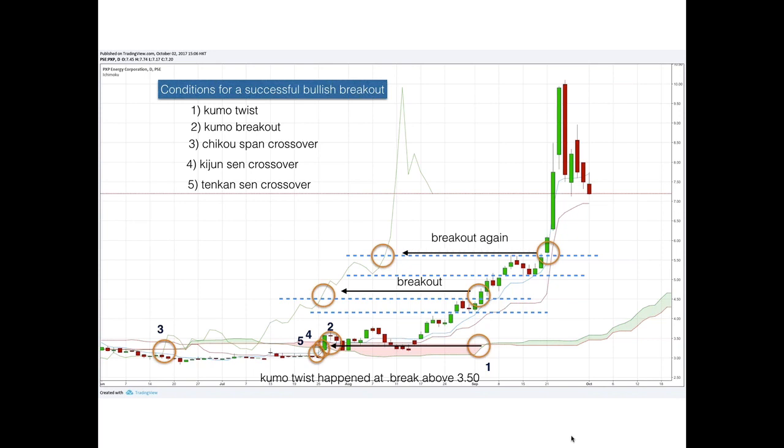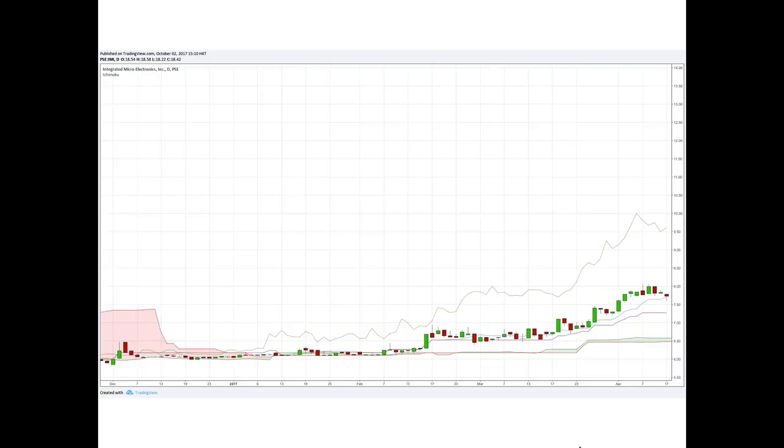Now let's go to IMI. The uptrend for IMI is still in progress because it had not broken below the Kumo yet. While it's showing some weakness, it had not broken below the Kumo yet. So what are the signs?